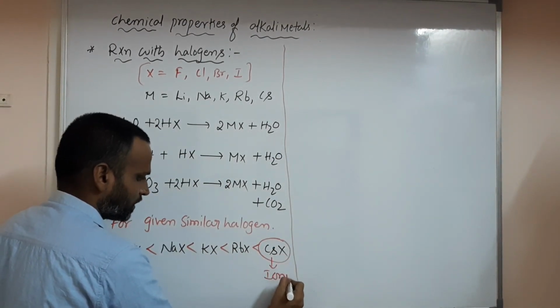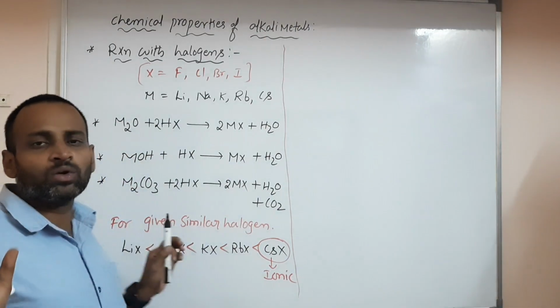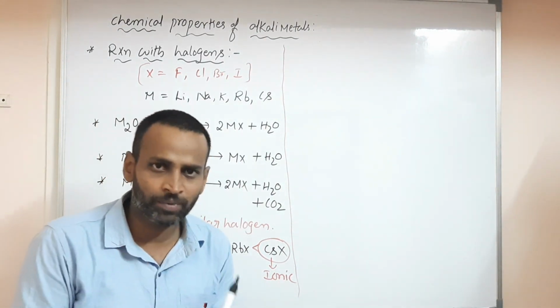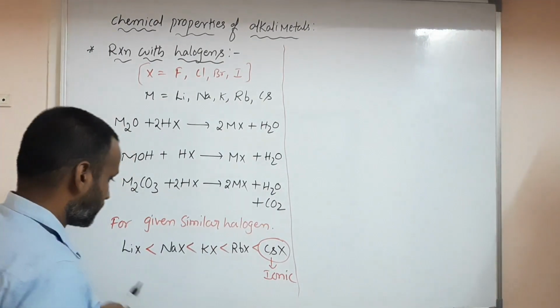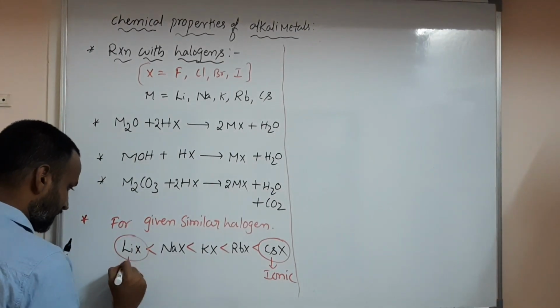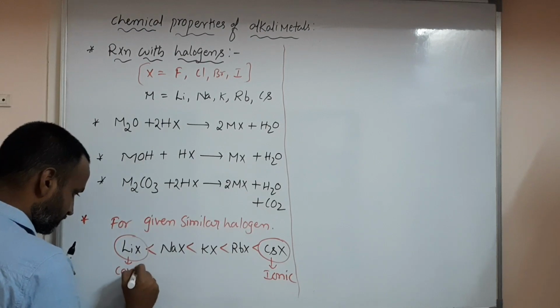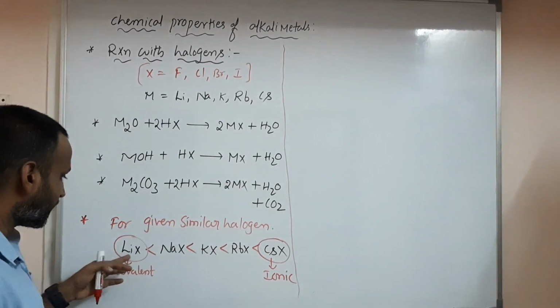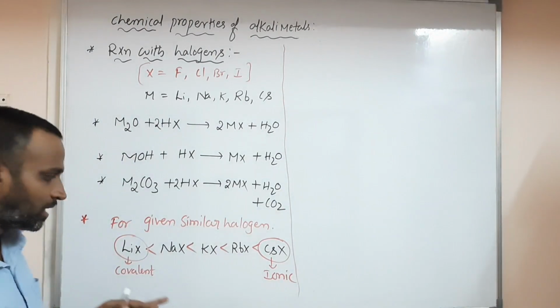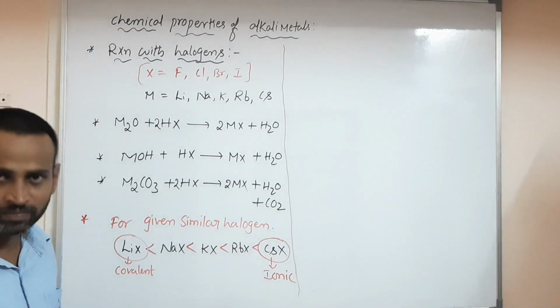As I mentioned previously, no worry. If you know the electronegativity values properly, you can say. So CsX is more ionic, and LiX has covalent character. That's why lithium halides are less soluble in water.